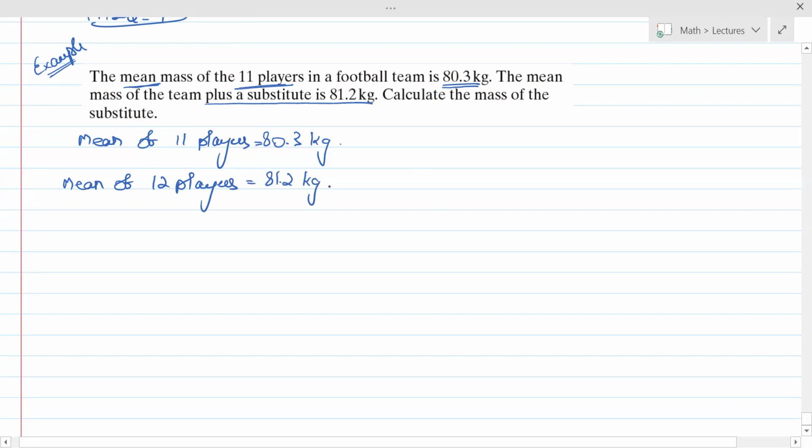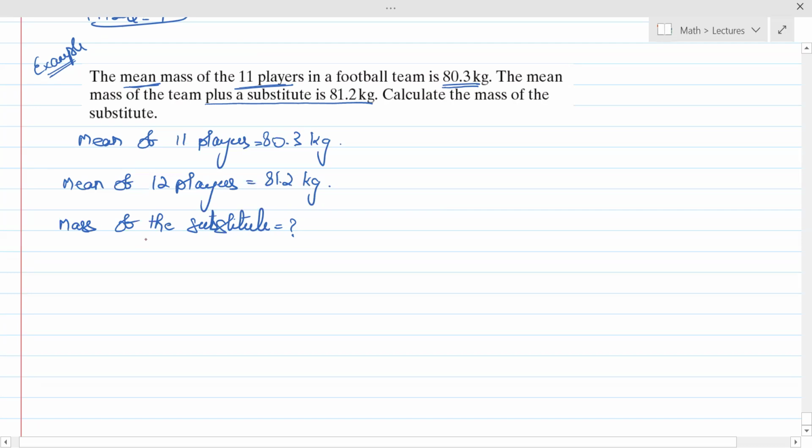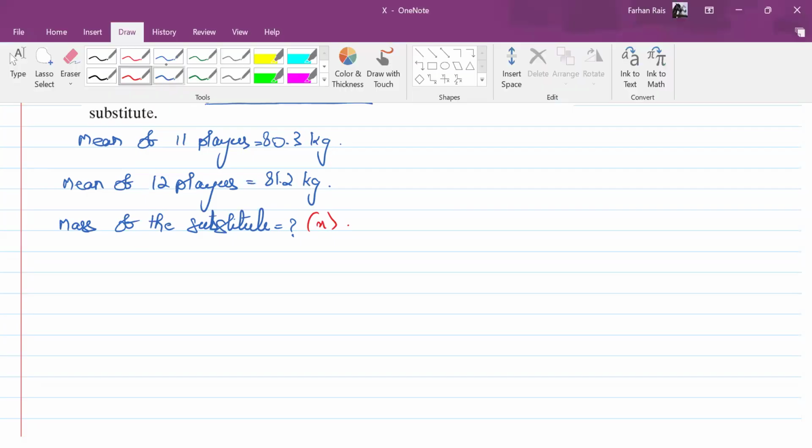We have to find the mass of the substitute, which is the 12th player. This is what we need to find. So we are denoting this by x. So x is something we need to find here.